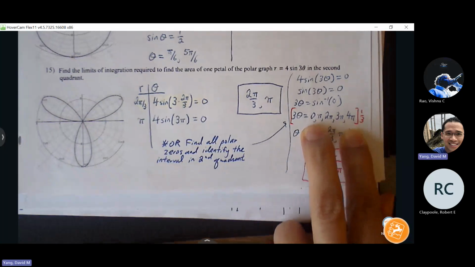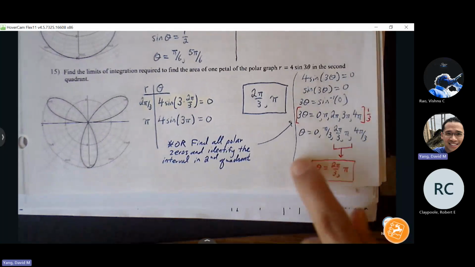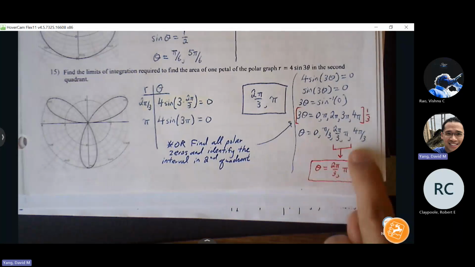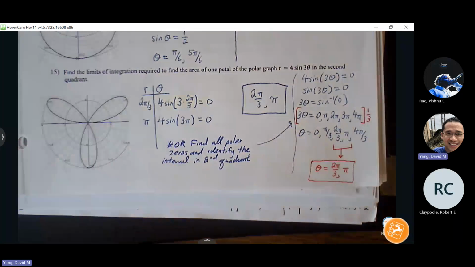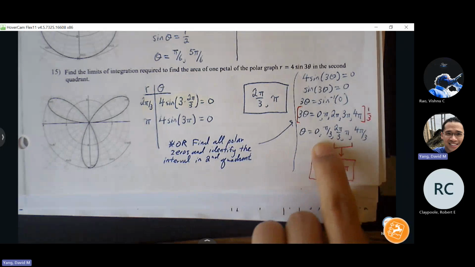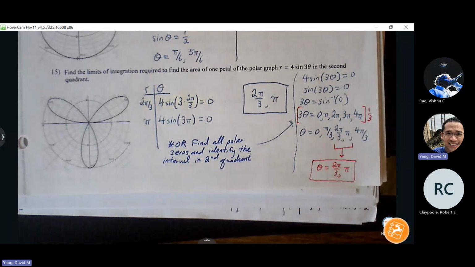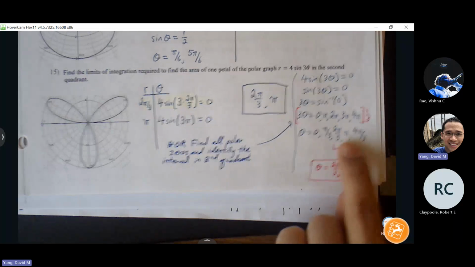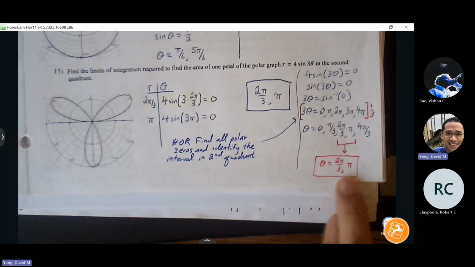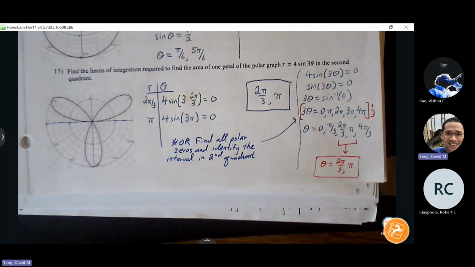If I multiply by 1/3, I get my theta values where the rose curve hits the polar zero: 0, pi over 3, 2 pi over 3, pi. I'm looking for something in the second quadrant range, so between 2 pi over 3 and pi is where I know that to be true.